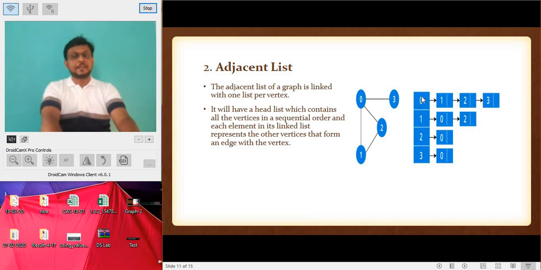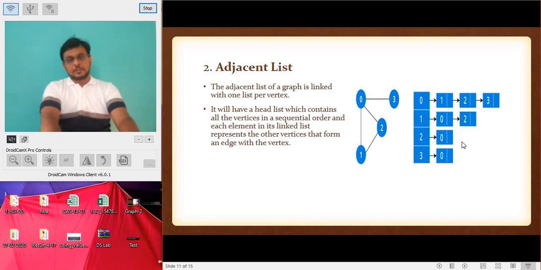So with node 0, see here, 1 is connected with 0, 2 is connected with 0, and 3 is connected. So here we have to use another linked list that contains the nodes connected with this vertex. In the same way, what about 1? 1 is connected with 0 and 2, so we use a linked list with the elements 0 and 2. And what about 2?